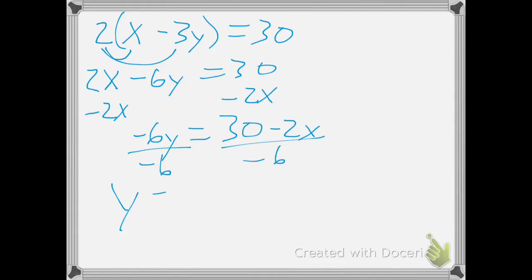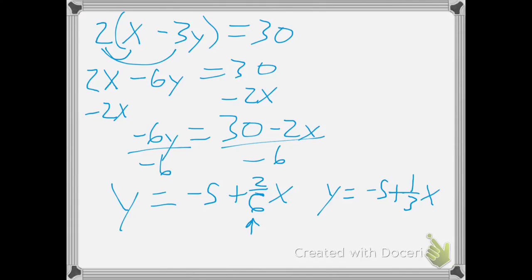Remember, everything on top gets divided by what's on bottom, so 30 divided by negative 6 gives me negative 5. Negative 2x divided by negative 6 gives me a positive 2/6 x. This 2/6 is the same thing as 1/3. So we actually get y is equal to negative 5 plus 1/3 x.